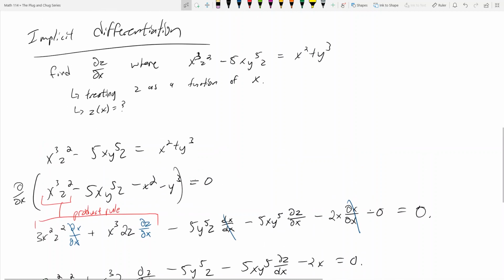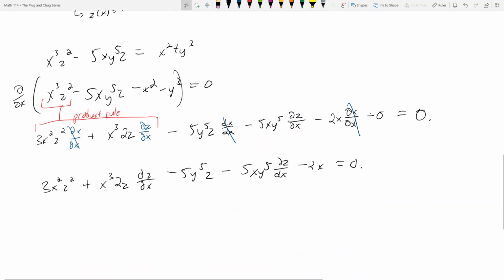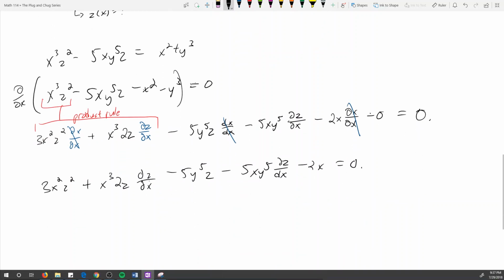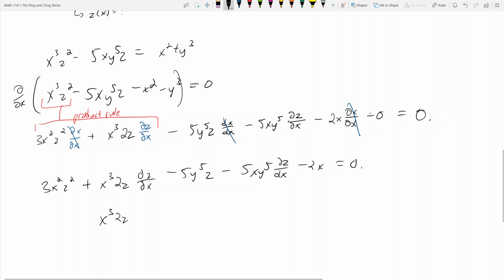We want to find dz/dx, so how do we do that? Well, we move everything that doesn't have dz/dx over to one side. So now I got x cubed 2z dz/dx minus 5xy to the fifth dz/dx is equal to, all right, this becomes positive 2x, and then here's a positive 5y to the fifth z, and then this becomes a negative 3x squared z squared.